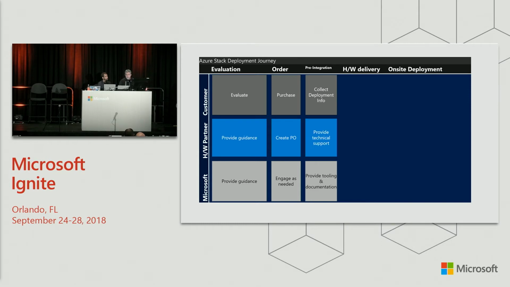And then once this is done, this is the area where you're going to do a lot of homework. The hardware partner will present you with another spreadsheet or another tool, and I will demo that as well, which is called the deployment worksheet. The deployment worksheet guides you through collecting all the data necessary for how you want to integrate Azure Stack within your data center.